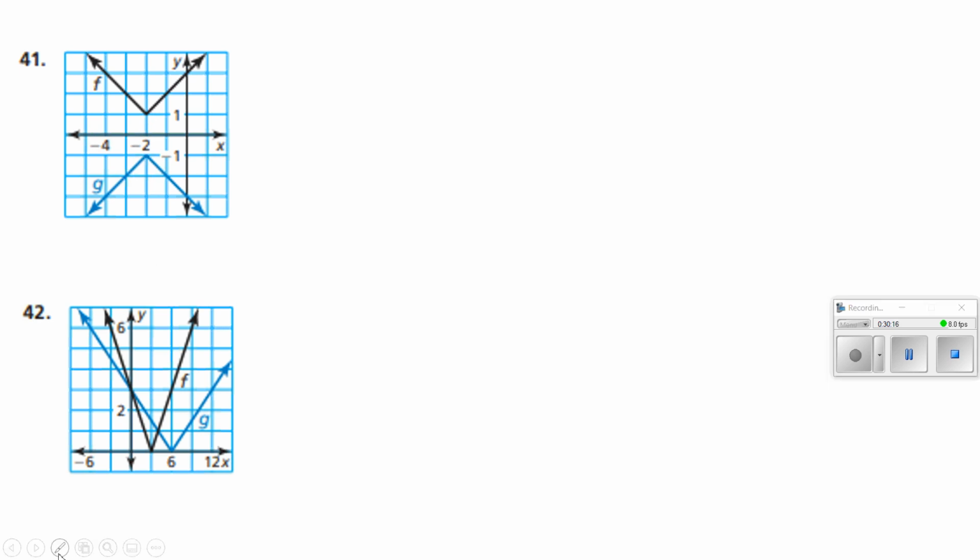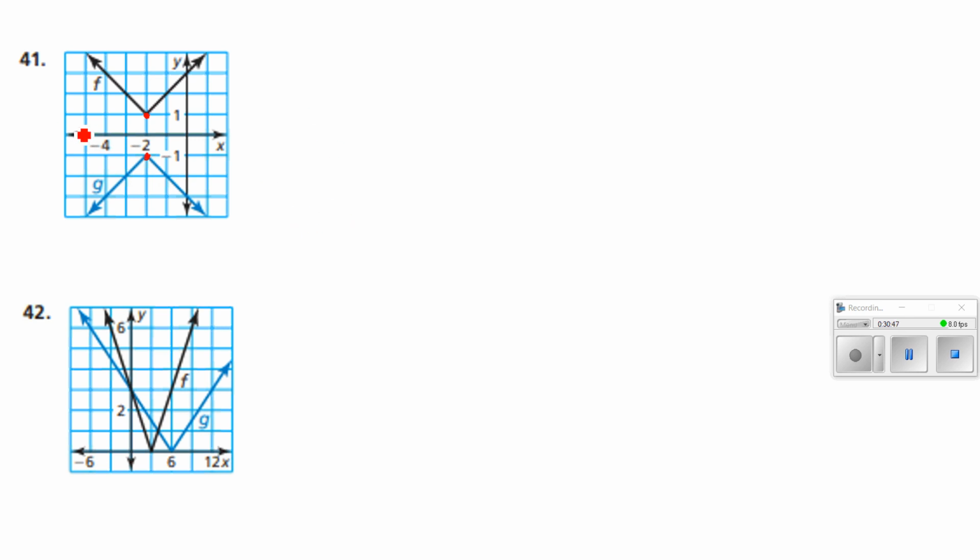Because we're looking at it being perfectly, this was -2 and 1. Now it's -2 and -1, right? So, yeah, it looks like, since it's going to be off the x-axis, that means all the y's are going to change. I'm going to say then that it was probably a negative f of x.